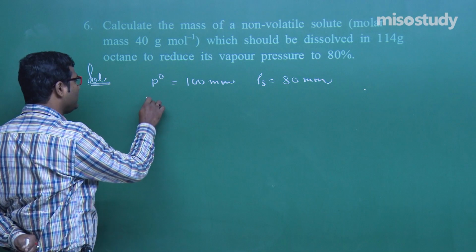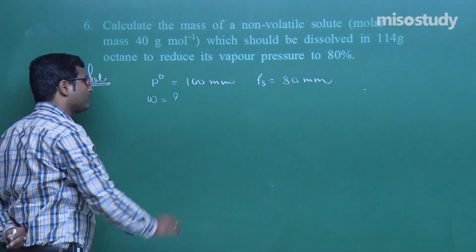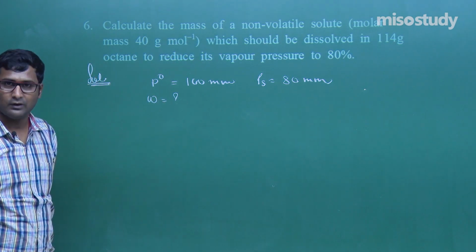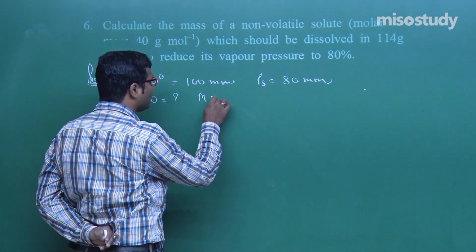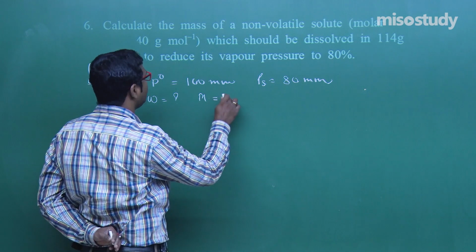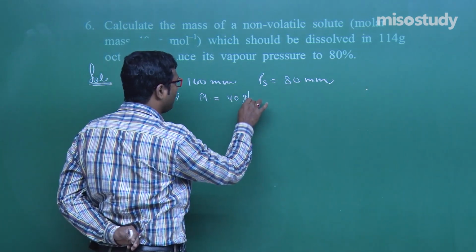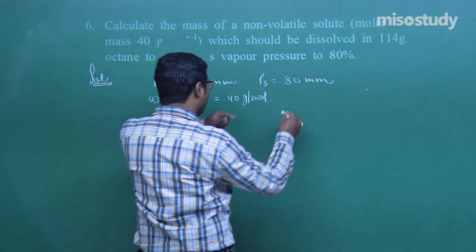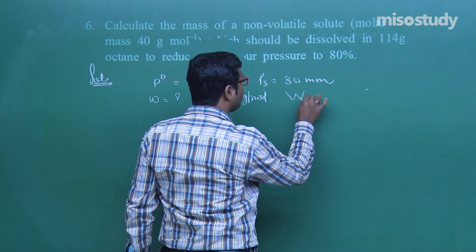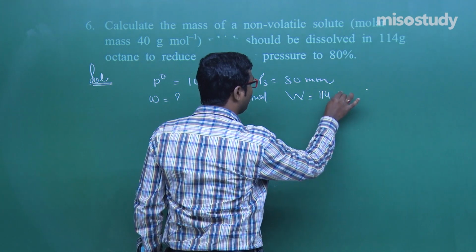Now, what we need to find is the mass of the non-volatile solute, and the molar mass of the non-volatile solute given here is 40 gram per mole, yes. And what is given here? The mass of solvent, that is 114 gram.